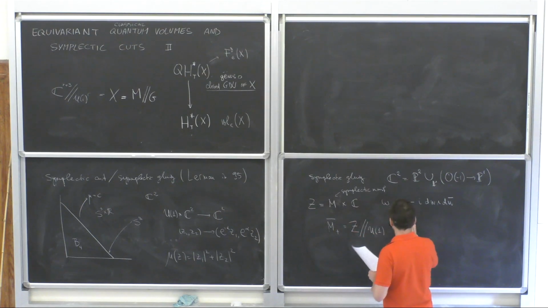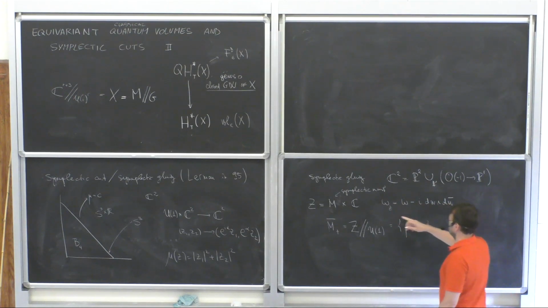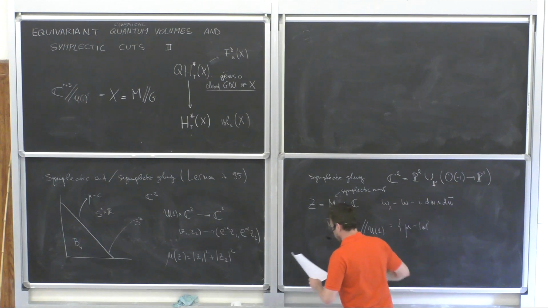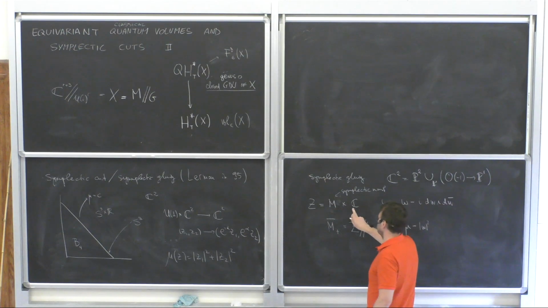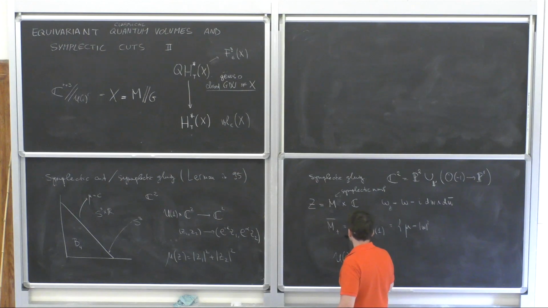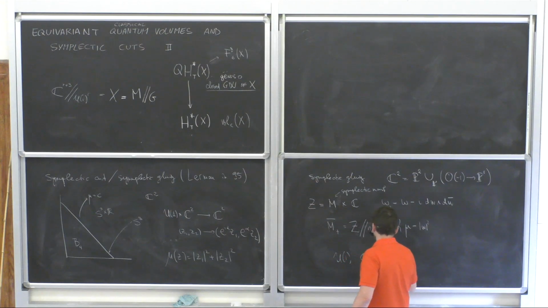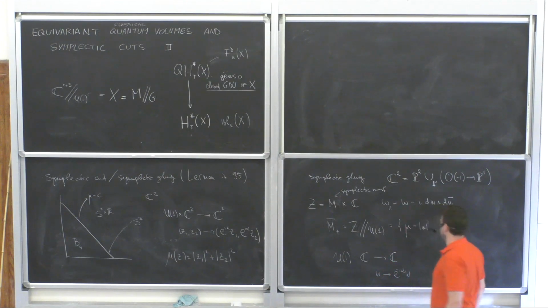Namely, I will write my moment map minus W bar. By the way, what I'm doing is extending my action by -1 here. So my U1 on C will just act by W sending to e^{-i alpha} W. And then I get C.